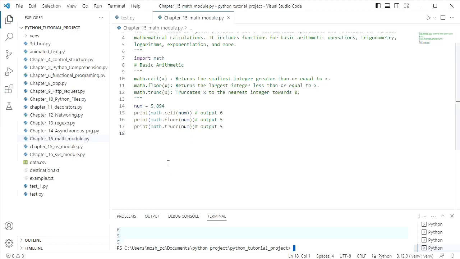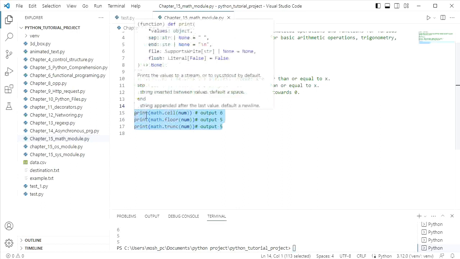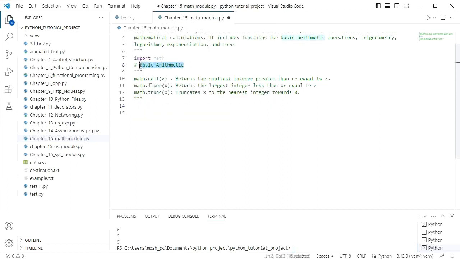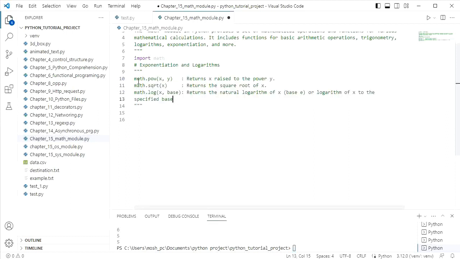Now we will know about exponentiation and logarithms. So let's see here, math.pow returns x raised to the power y, and math.sqrt returns the square root of x.